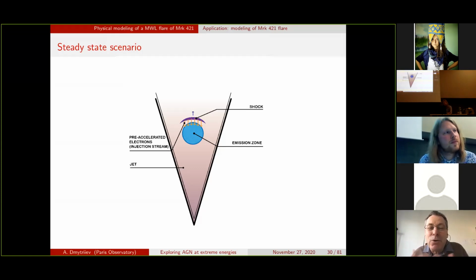And at the end of your work, you end with a different view, that the blob is more responsible for the quiescent emission, and you have another active zone which is not the blob, but which is surrounding the blob.